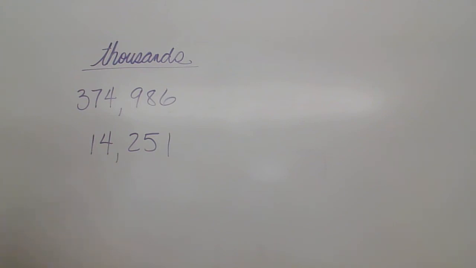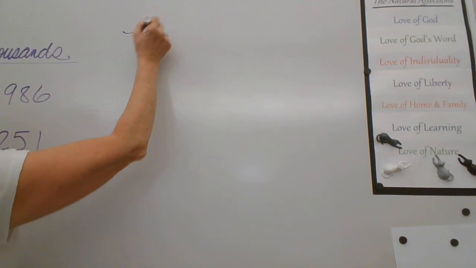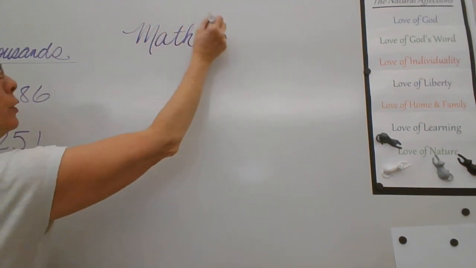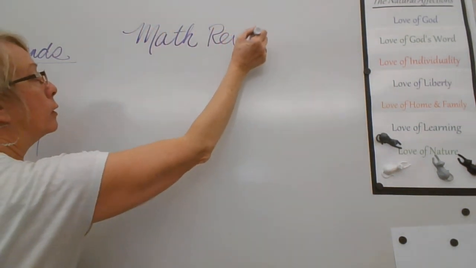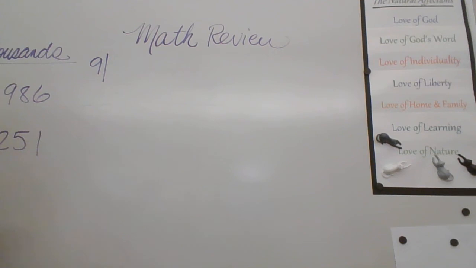Make sure you put this on a piece of lined paper with the title at the top, which is rounding. So your paper should say math review at the top. And then above all these questions, it should say 9/21/20, which is today's date.